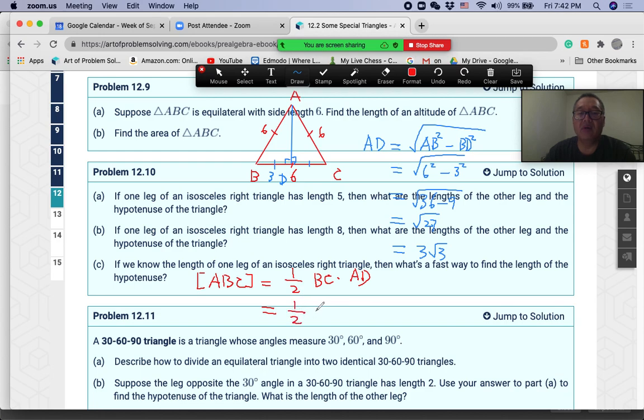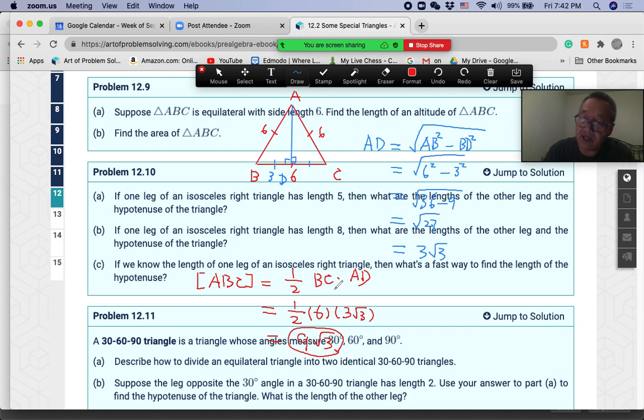That's 1/2 times 6 times 3 root 3. So we simplify, and this will be 9 times root 3. This is the area of this equilateral triangle.